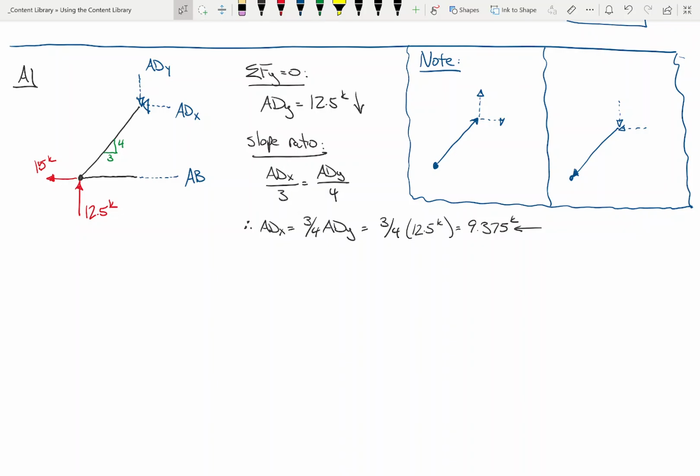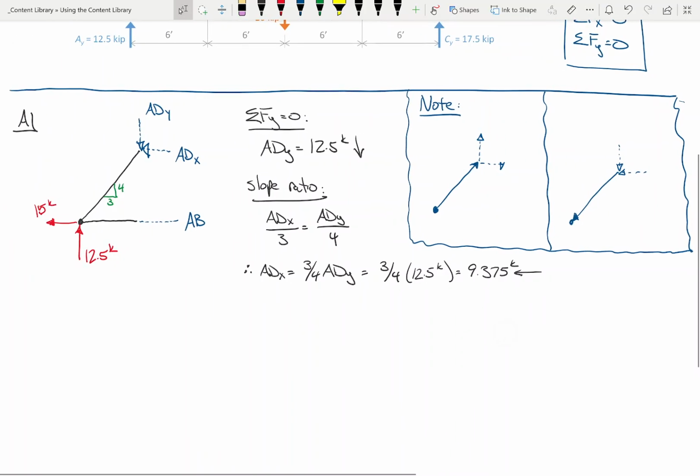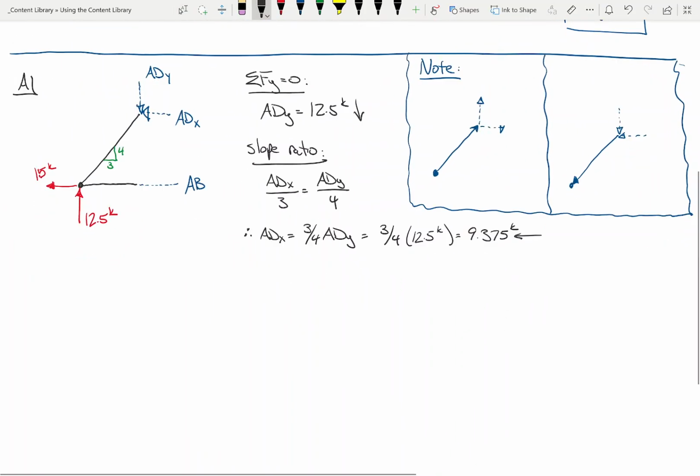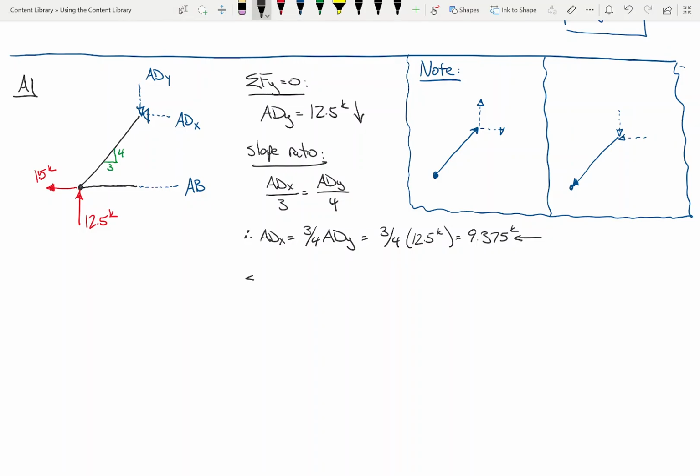Okay, so therefore, if I sum forces in the x direction, what is AB? 24.375.